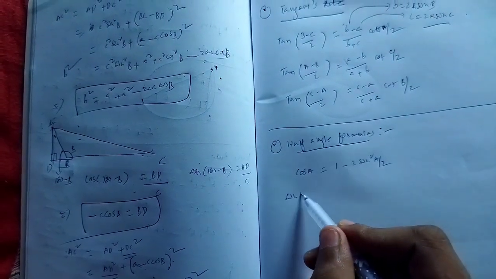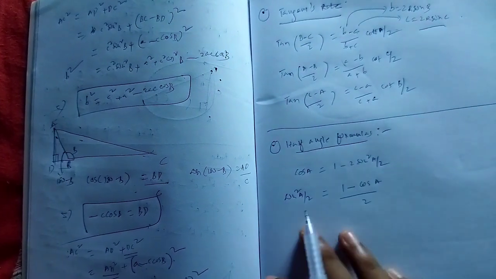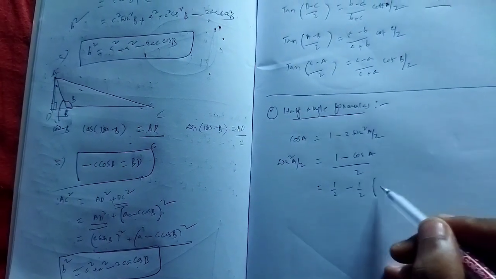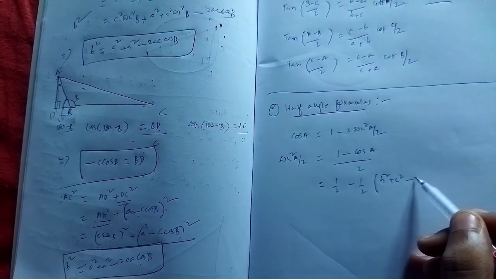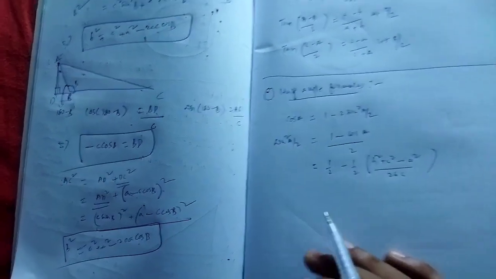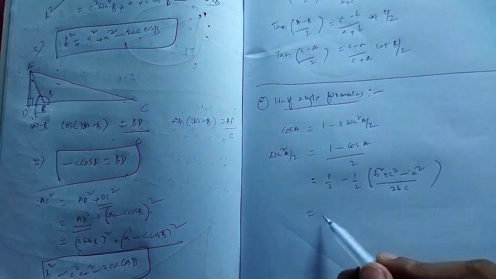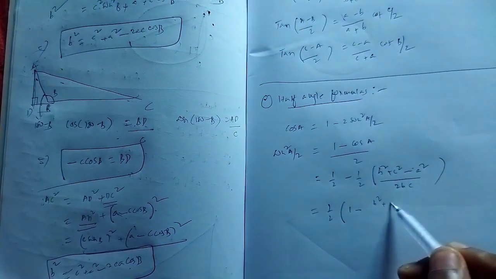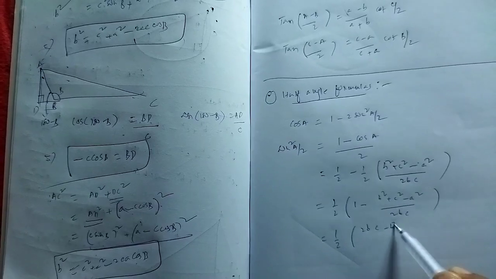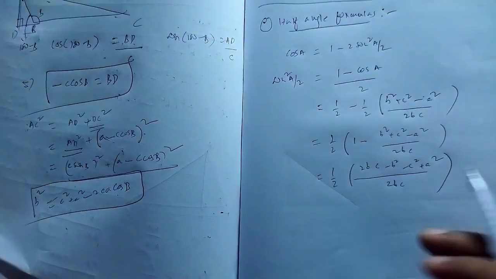And sine square A/2 equals (1 minus cos A)/2, which is half minus half of cos A. Into 1 minus (b square plus c square minus a square)/2bc, half into (2bc minus b square minus c square plus a square)/2bc, right?